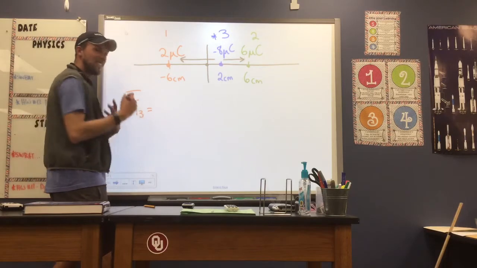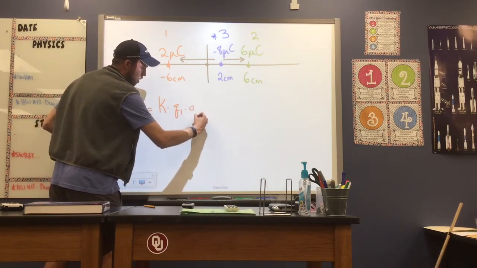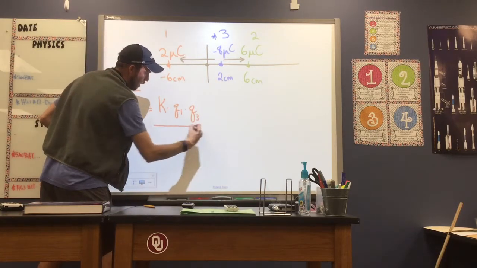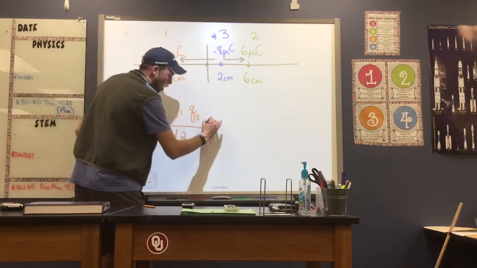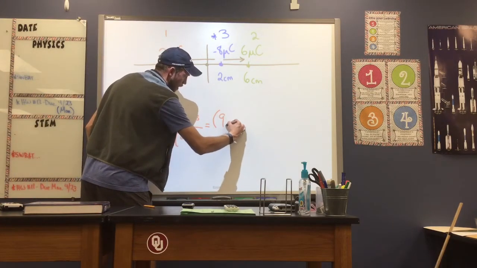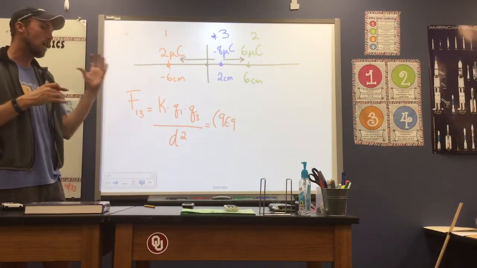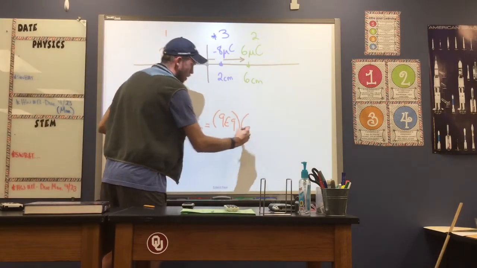We know that we can find this electrostatic force using our equation: K times Q1 times Q3, our other focused charge, divided by d squared, the distance between charges. So I'm going to plug in what we know. K, I'm going to use 9e to the 9th. I know your homework system says to use the actual decimal value, but I'm going to use this to keep things simple.